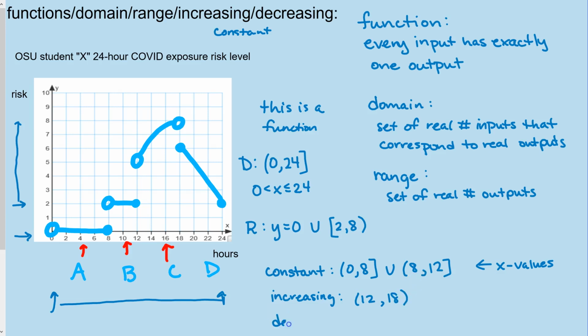And then decreasing would be as you move from left to right, you see the y values going down. So we see from x equals 18, including that, to x equals 24, including that. Now, not every graph is going to be increasing and decreasing and constant. Some graphs are just one or a mix of two of those things.